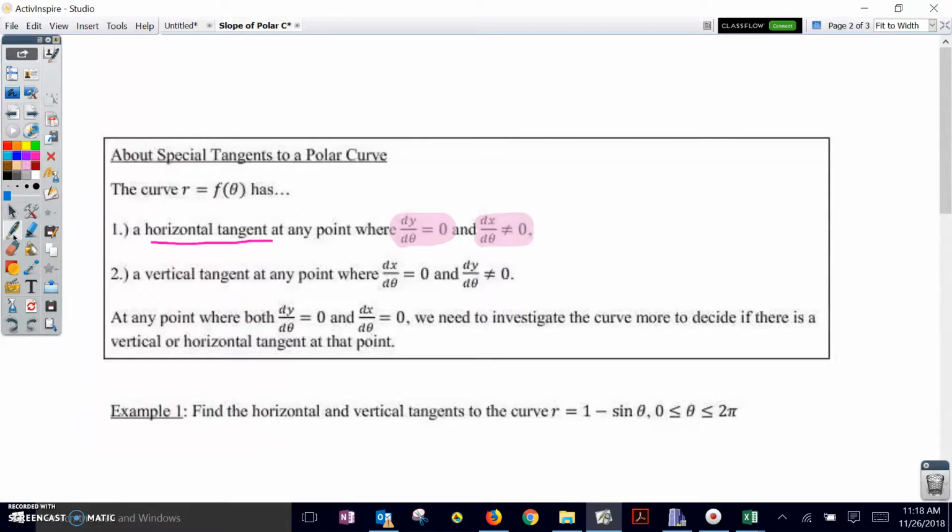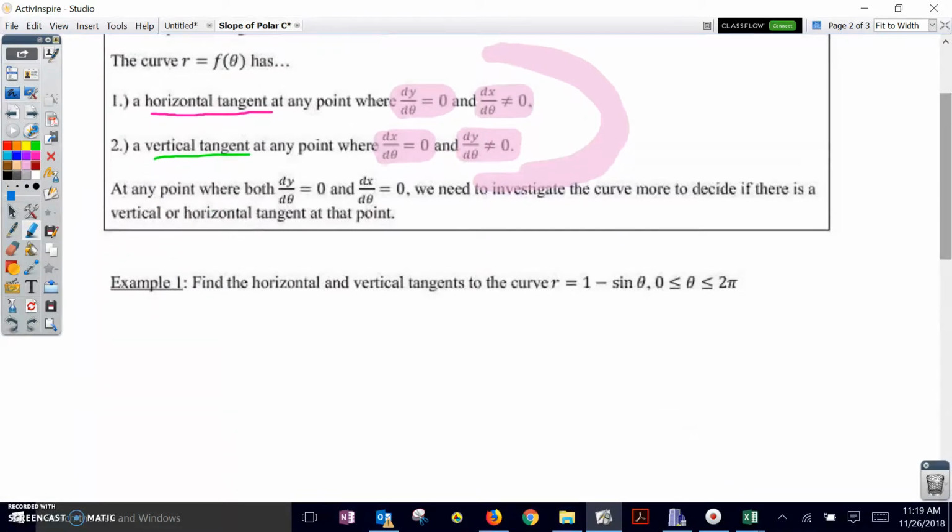And we have a vertical tangent to a curve wherever dx d theta equals 0, but dy d theta does not. So if we're looking for horizontal and vertical tangents, we're going to look for where dx d theta and dy d theta are 0, and then utilize this information right here to figure out if they are vertical tangents or horizontal tangents. If we have points where both of them are 0, we need to investigate the curve more to decide if there's a vertical or horizontal tangent at the point.